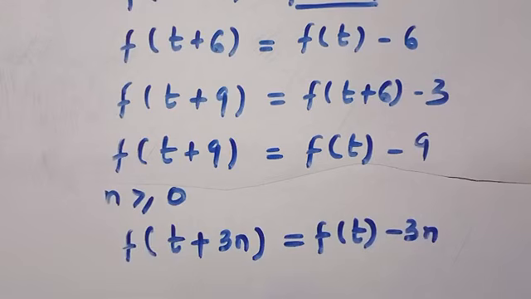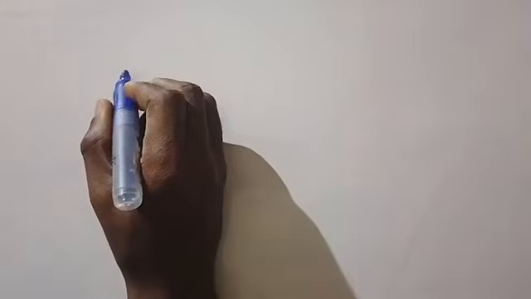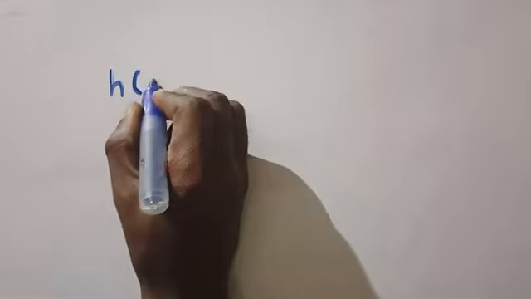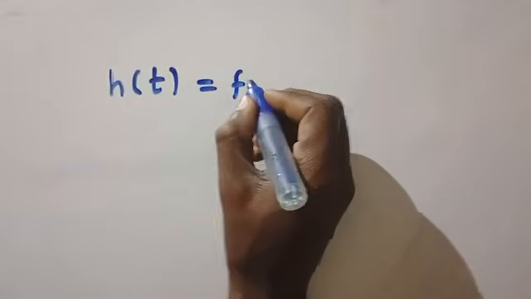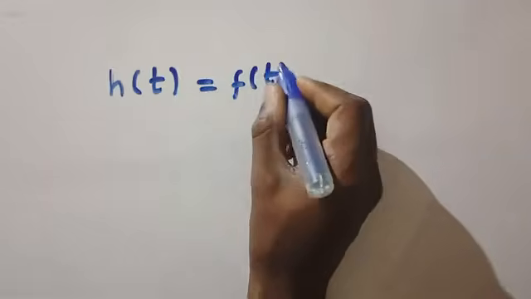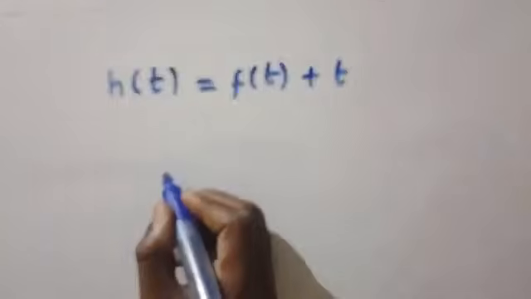Considering the periodicity of this, suppose from the first equation that we got, f of t equals f of t plus 3 plus 3, if I look for a periodic function, let's say h of t, we are going to have h of t equals f of t plus t.